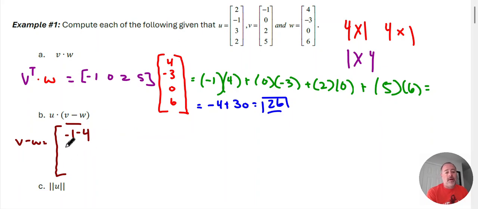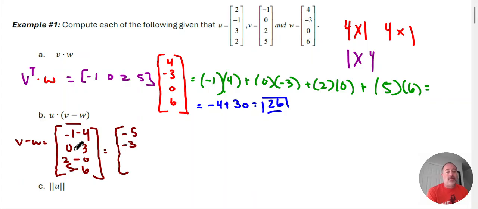You take 0 minus 3, you get 2 minus 0, and you get 5 minus 6. So we're just creating our own matrices here. And so when we do our V minus W, we get -5, we get -3. Oh, sorry, actually, it should be 0 minus a -3, so it should be a positive 3 here. My apologies. 2 minus 0, and then -1.